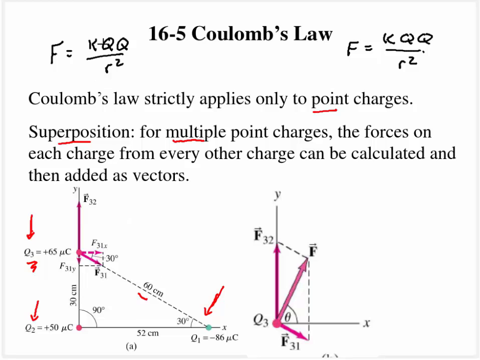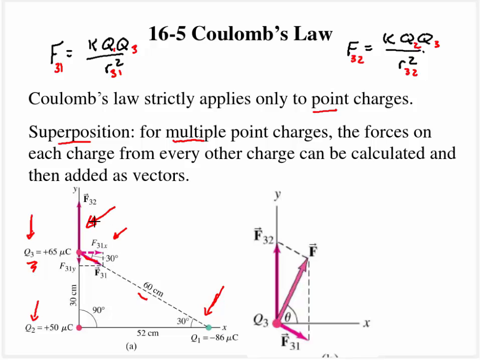Charge 1 on charge 3 gives us force 3,1, and it's going to be along the line connecting these charges. Similarly, we can do charge 2 and charge 3 and calculate force 3,2, and we can just straight up calculate these two forces.